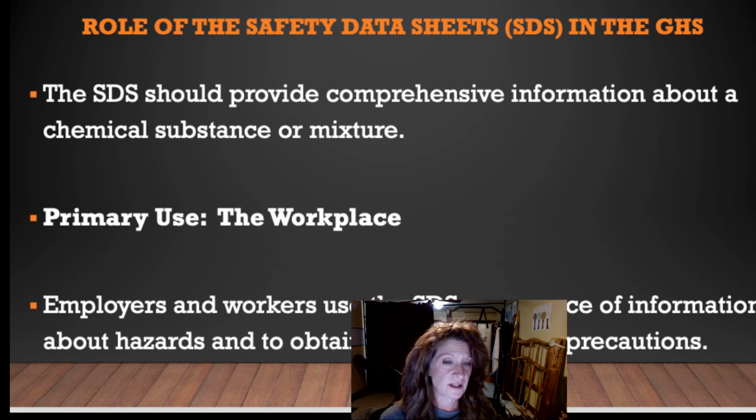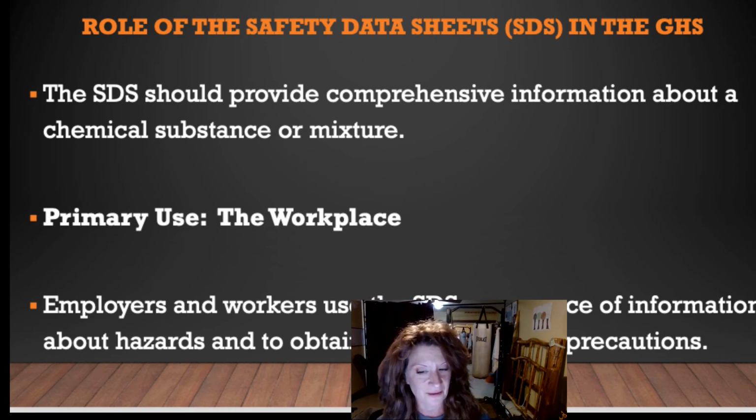So the safety data sheet is a comprehensive document that's used in the workplace. Employers have the responsibility to provide it to their employees, as well as sharing that through Title 3 if they happen to have any emissions.